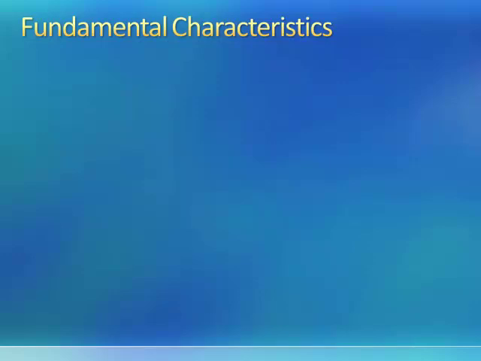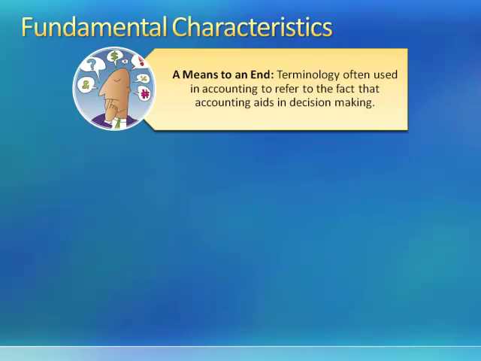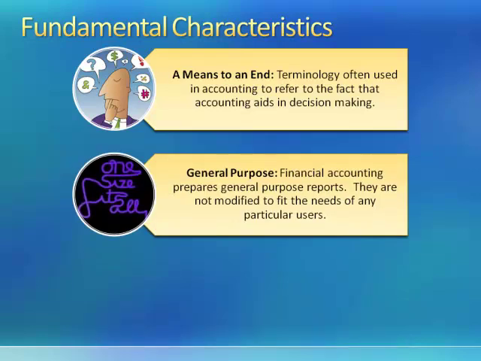Before we study financial statements, we're going to discuss a few fundamental characteristics of financial statements. First, a means to an end. This is terminology that's often used in accounting to refer to the fact that accounting aids in decision making. Next, general purpose. Financial accounting prepares general purpose reports.